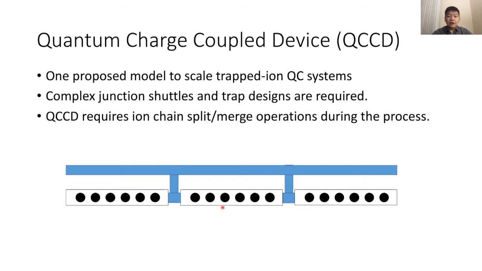In addition, QCCD requires ion chain split and merge operations during the computation for communication with qubits in different traps. However, merge and split operations are difficult compared to just shuttling.